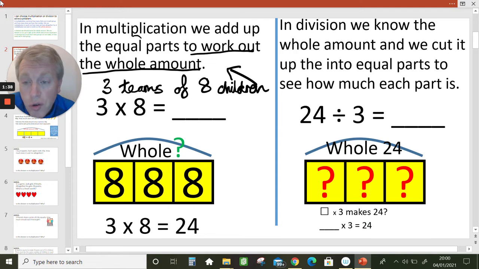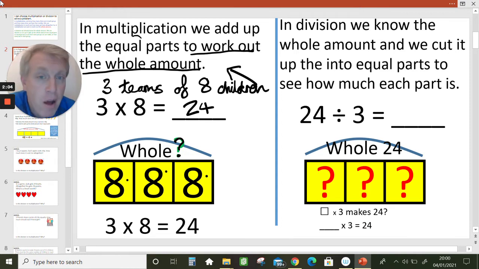We'd be able to draw 3 parts, 1 part, 2 parts, 3 parts, and each of the parts is 8. We know the parts. We need to add them up to say how many children altogether. So 3 times 8 is 24. It's the whole, look, that we don't know. When we multiply, we don't know the whole, we're trying to work it out.